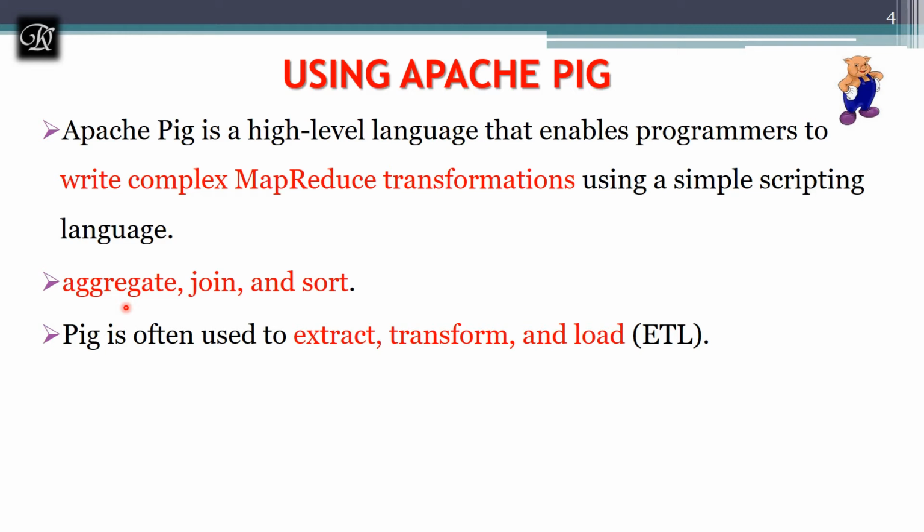You have seen in SQL, whenever we write a search query, select star from a table where we put the constraint on what we want exactly from the table. It's simple compared to our normal programming languages. That is what Pig provides with Pig Latin, and it has a runtime engine. The runtime engine is responsible for running the Pig Latin code, and Pig is often used for the ETL process.